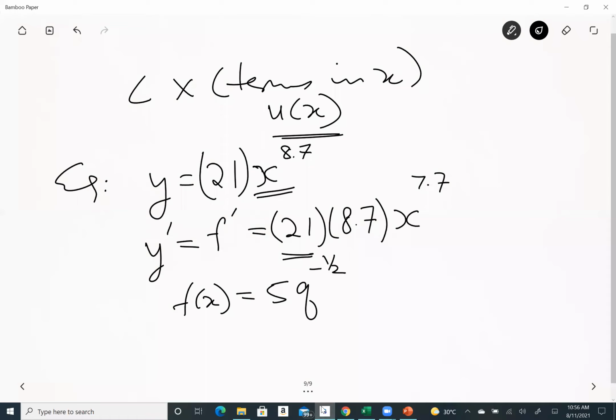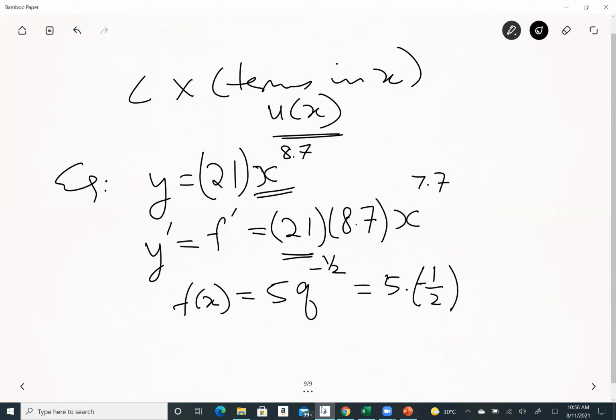Now, the constant. In the book they did not put a bracket. It doesn't matter, no bracket is fine. You just put a dot. So 5 multiplied by negative half. I put a bracket, you can put a bracket.